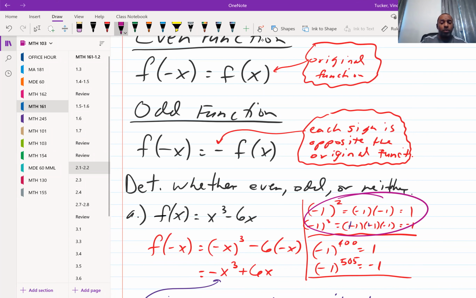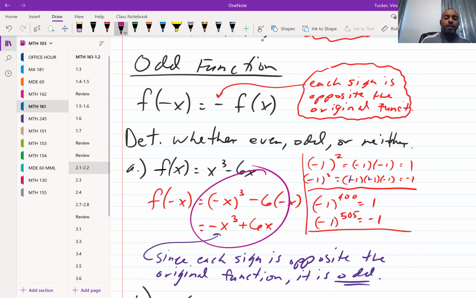But -1 times -1 times -1 will always have an extra negative because it's odd, and the result will always be -1. So if it's -1 raised to the 400th power, the result is positive. If it's -1 raised to the 505th power, because it's odd, the result will be negative.